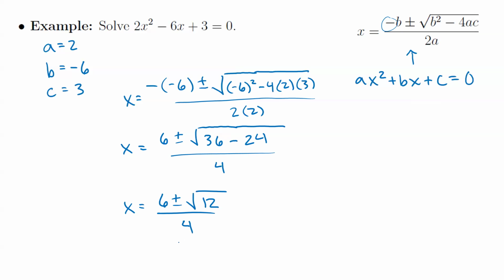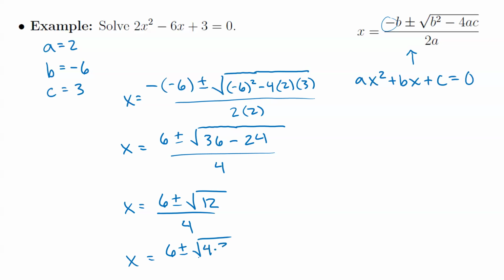Now, with our work with radicals in the previous chapter, we know that if a radical, and specifically the radicand inside the radical, has perfect square factors, we want to pull those out. So the same applies here. 12 definitely has a perfect square factor, right?